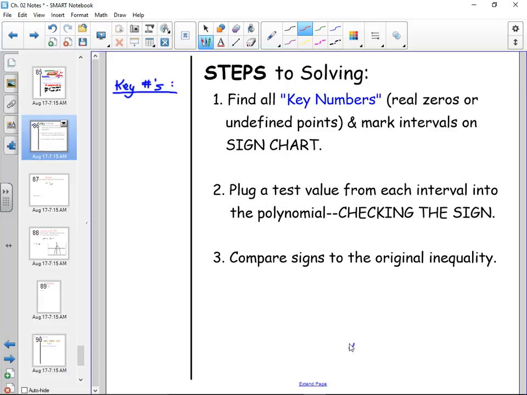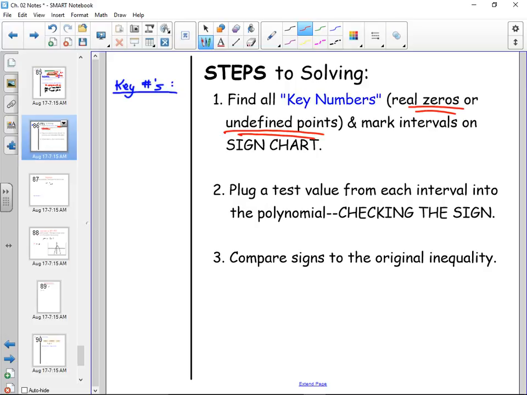What are the key numbers for rational functions? That's the only difference. But otherwise, you find the key numbers, you put them in the sign chart, you pick test values from every single interval, you plug in and ask yourself the question, true or false, and then you compare to the original and say, hey, the true one's good, the false one's not good. Check the or equal to see whether or not to bracket it, whether or not to fill it in.